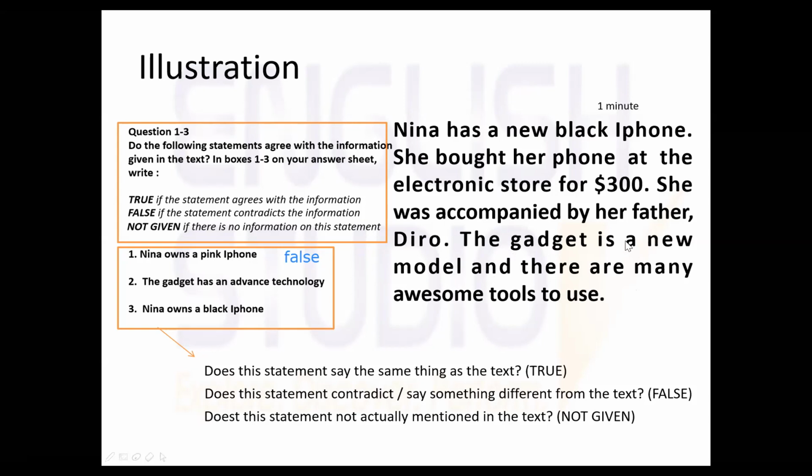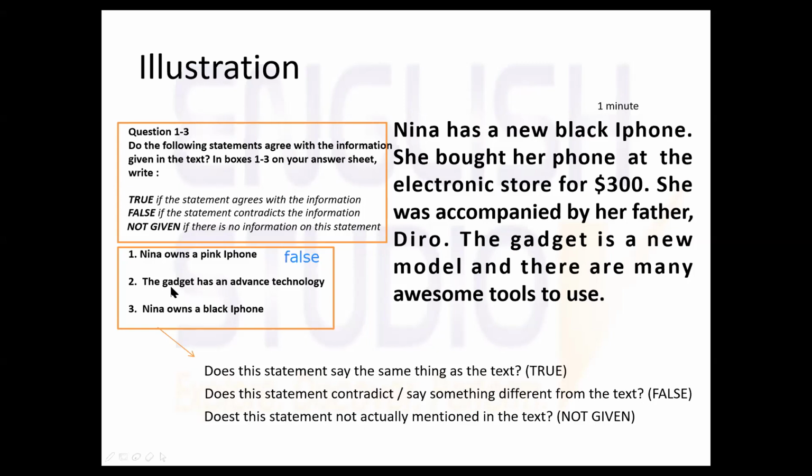The question is, the gadget has an advanced technology. While the text said that the gadget is a new model and there are many awesome tools to use. The question is, is a new model and many awesome tools to use equal to advanced? That's the question. You have to pay attention.